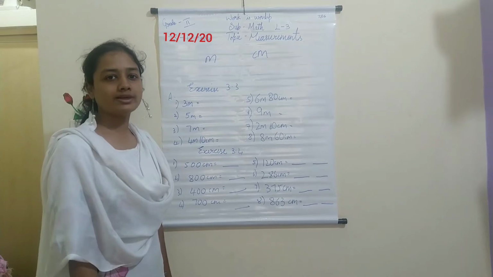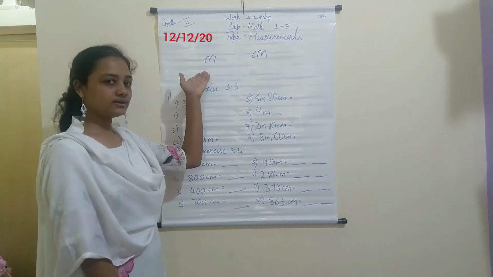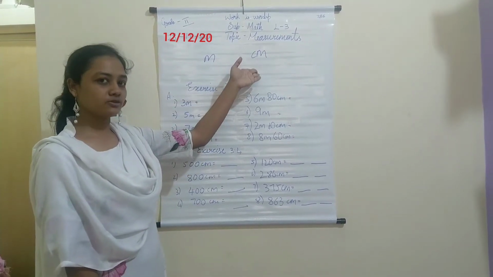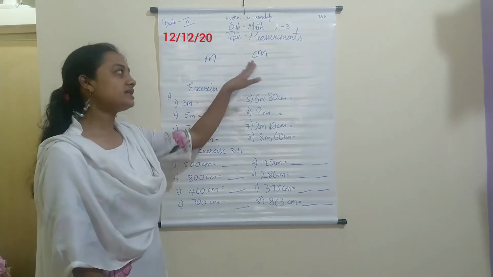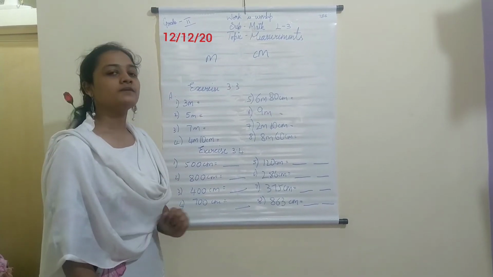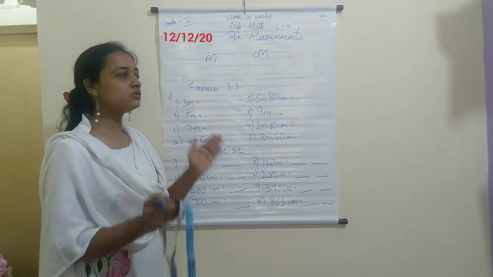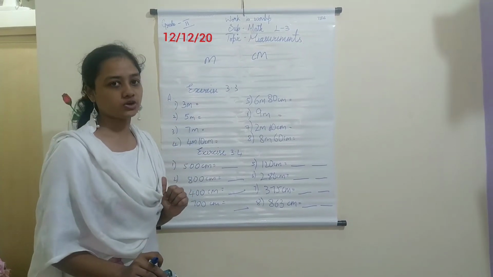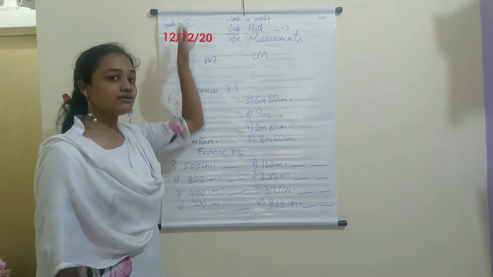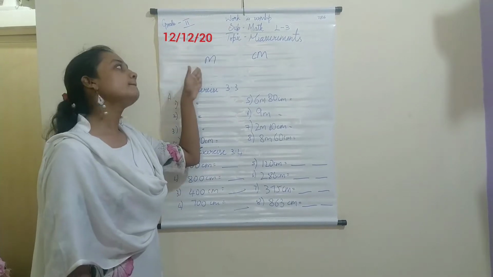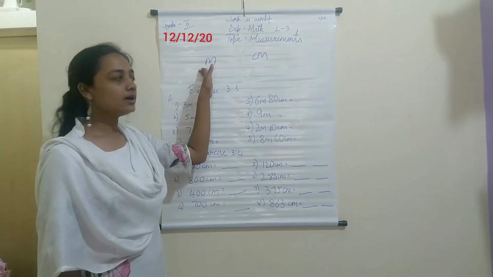You also saw when we use meters and when we use centimeters to measure. When the objects are small, we use centimeters to measure. And when objects are really big, we use meters to measure.